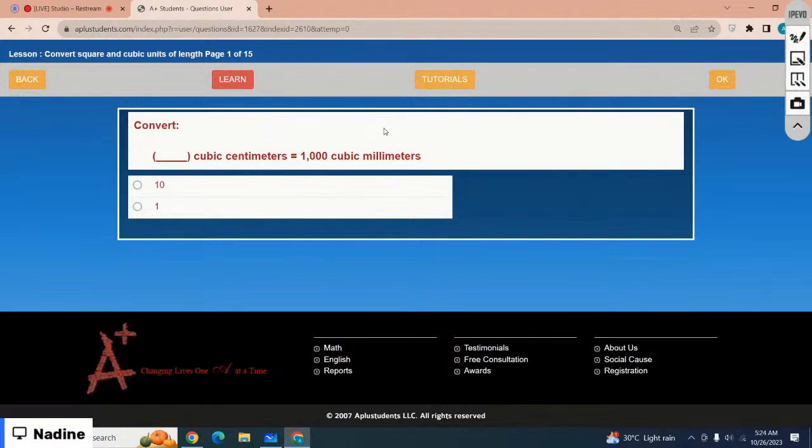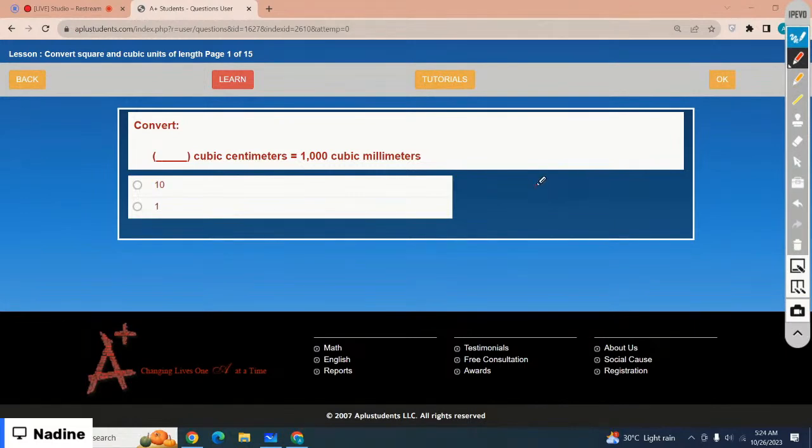Here you are going to convert from millimeter to centimeter. 1 centimeter equals 10 millimeters, right?